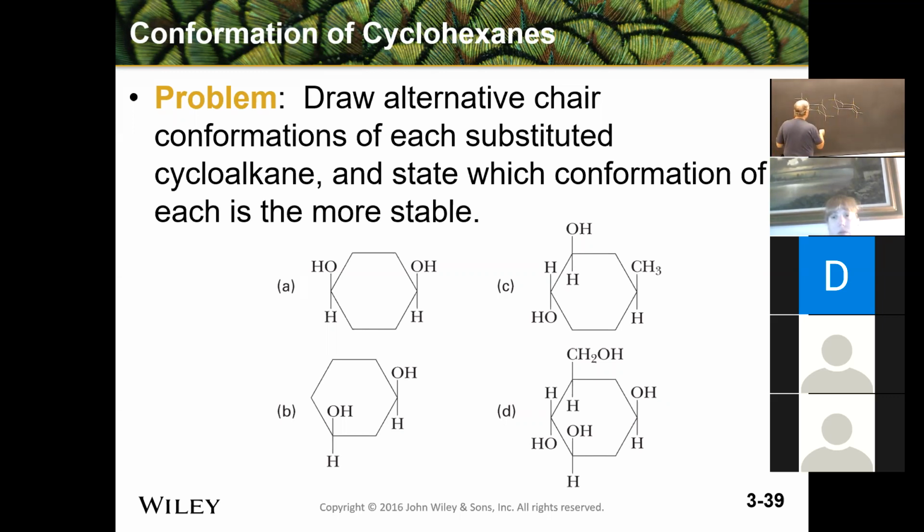I can start anywhere. I'll call this position 1. I'll put an OH here and an H here, so OH is on top. You go 1, 2, 3, 4, and for the cis, OH would again be on top. Hydrogen is on the bottom. That would be the alternative chair, and these other positions would all be hydrogens.